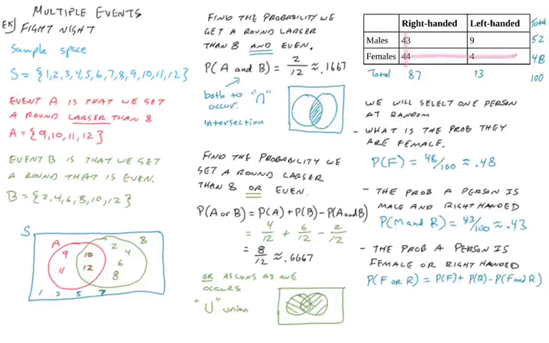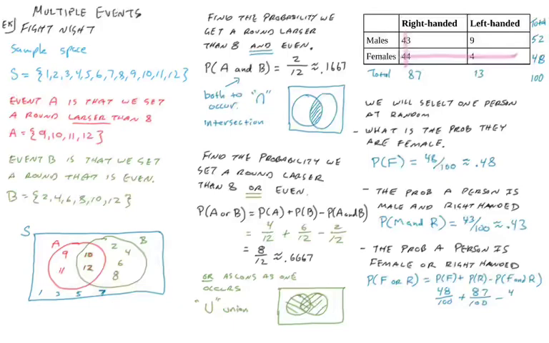So we're going to look at females and right-handed there. And we see that if we're looking across at females, our total is going to be 48. And it's a probability, so we want to still put it over 100. And then that we're right-handed, since we've already added up those totals, that's going to be 87. And again, a probability, so over 100 there.